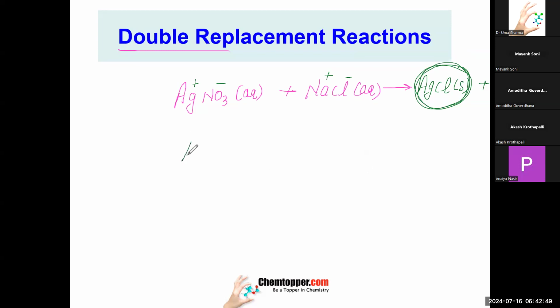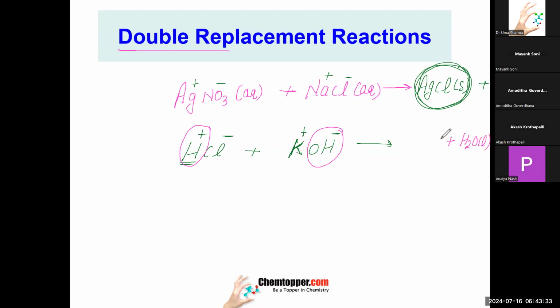If I give you HCl and KOH, what's the charge on H? Cl. K. What's the charge on K? OH. K has plus, OH is 1 minus, right? Can you do the double displacement? This H plus will go to OH minus and will form water.